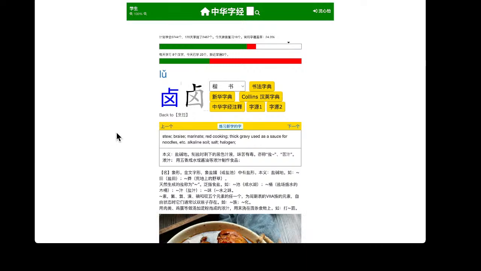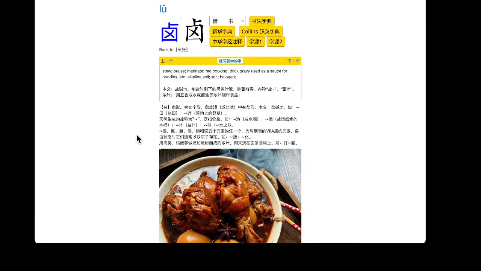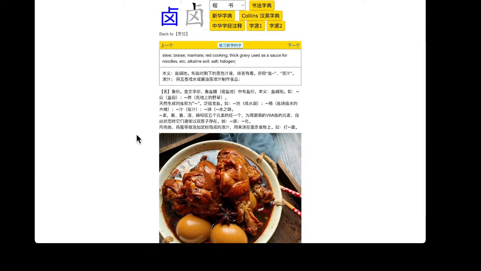卤 is also a stew. It's a type of braised stew. But the difference is that with 卤 you have to marinate.